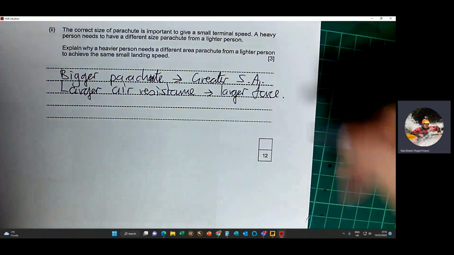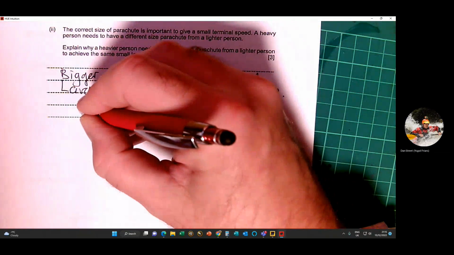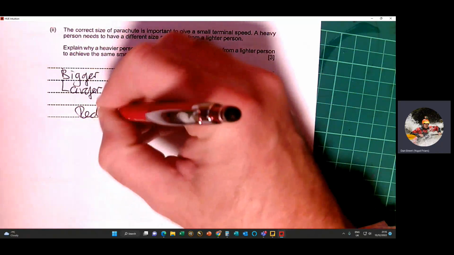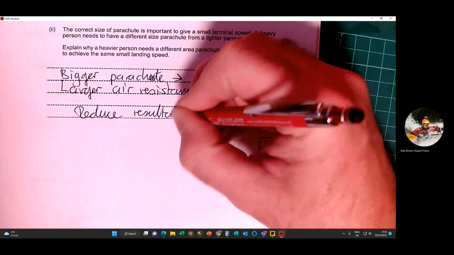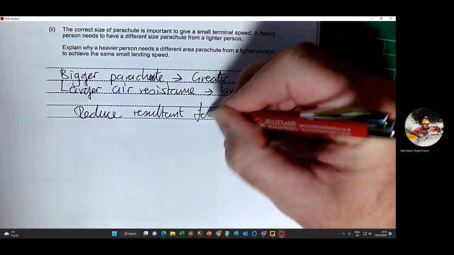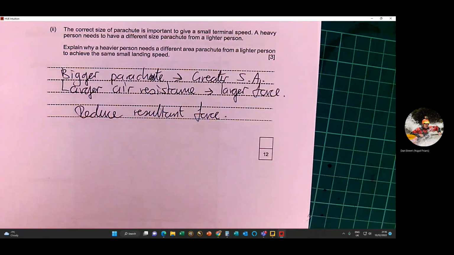Okay, so the air resistance force, and therefore those two things combined would reduce the resultant force. Okay, so larger people need larger parachutes, basically. Okay, that's question number 1.